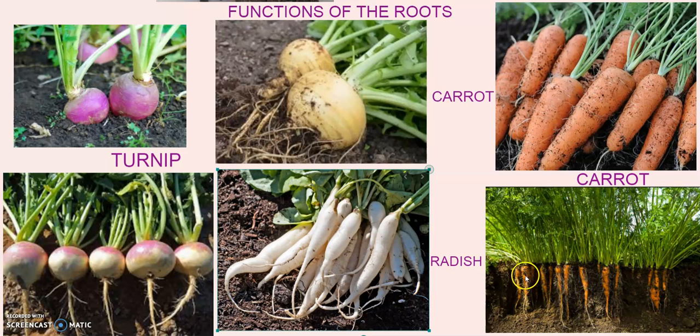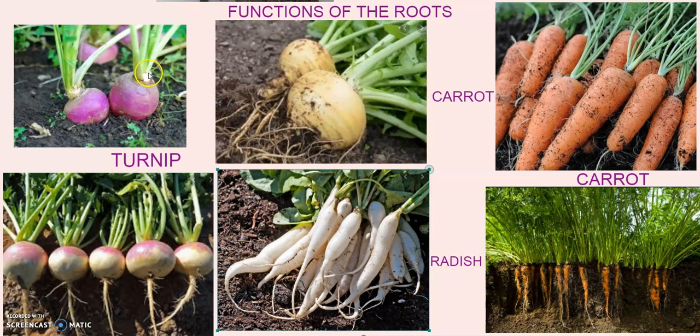Yes. So this is the root of a carrot plant. And what are these? Yes, these are radishes, and these are the roots of the radish plant. And these are turnips, and these are the roots. So what is the main function of these roots?